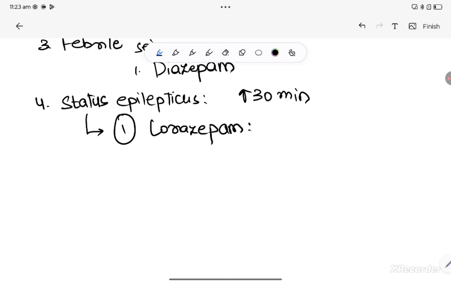It mainly increases the frequency of GABA chloride channel opening so that more chloride ions enter the neuron and there will be less firing. Lorazepam is preferred over the rest of the drugs, mainly over diazepam, primarily because it causes less thrombophlebitis and there is less redistribution.